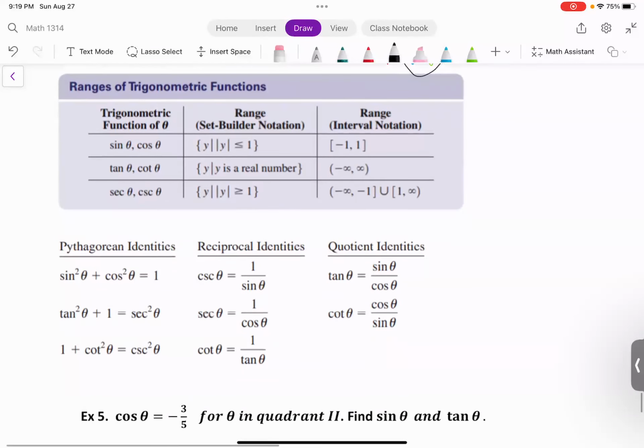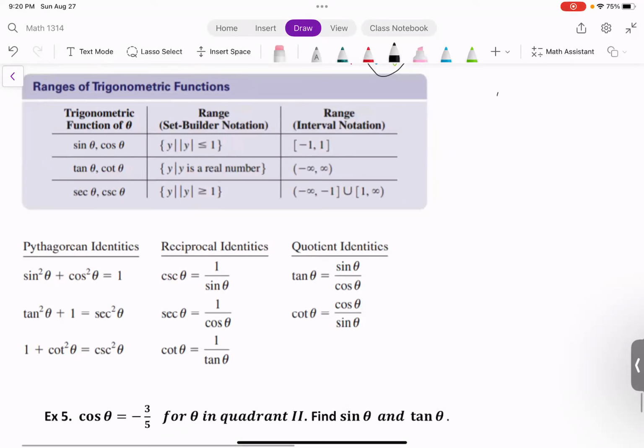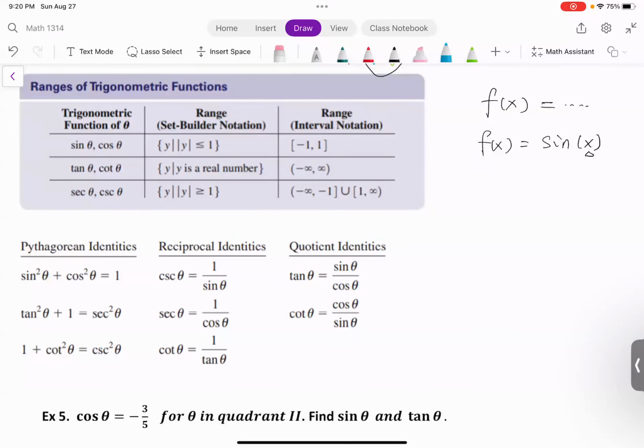All right, let's look at the range of the trigonometric functions. What is the meaning of the range? In college algebra we learned that range is all about the y values. If I have a function f of x equals something, and now f of x equals sine x, here f represents the name of the function, and now I have the function named sine.